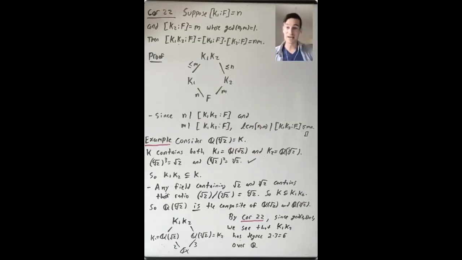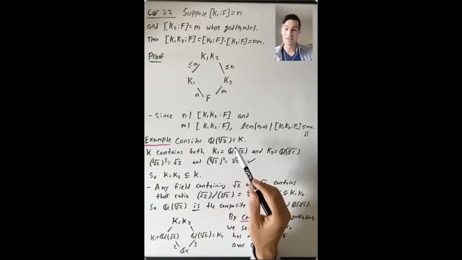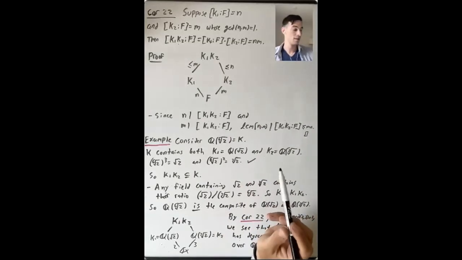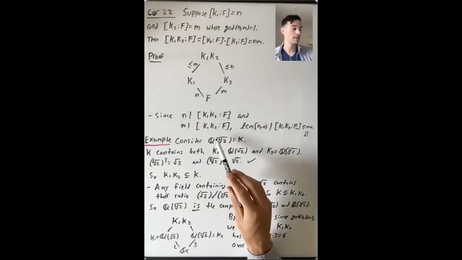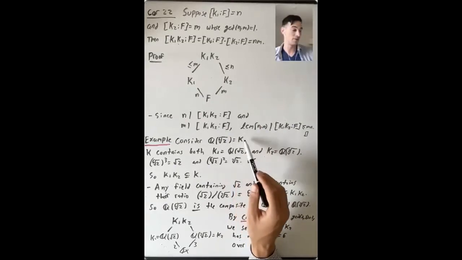Okay, so let's look at an example where we can actually get our hands on what these composites are. To talk about composites, you want extensions K1 and K2 of a field F that are contained in a common field K. All right, well, let's say the Q adjoin the sixth root of 2, this real positive sixth root of 2.